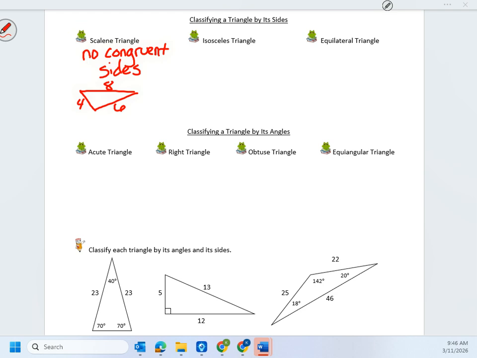Next is an isosceles triangle. Anybody remember that triangle? What would an isosceles triangle look like? Give it a go, Michael. Two sides are the same and one side's different. Two sides are the same. Let me write it first. So we have two congruent sides.